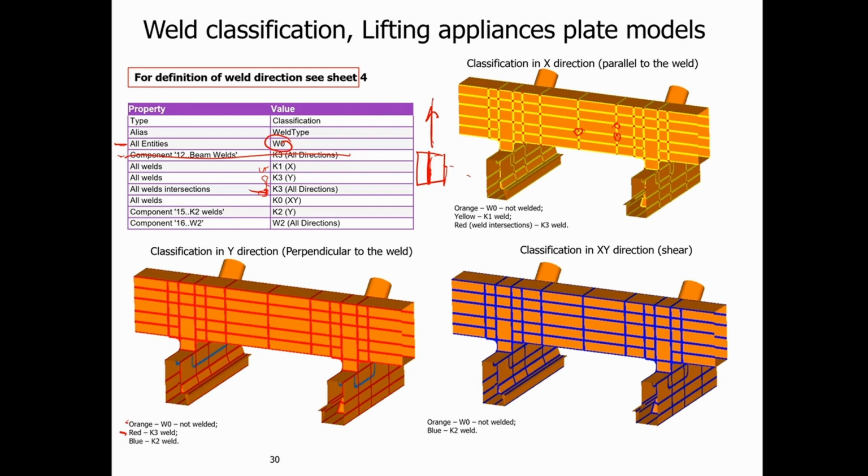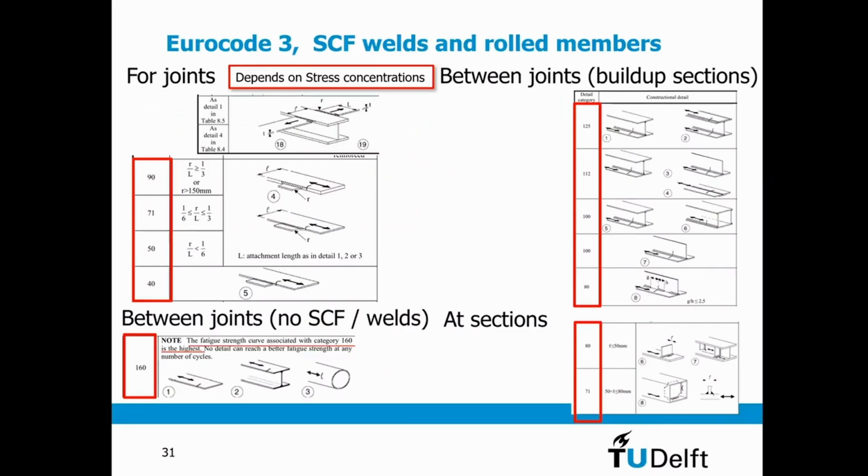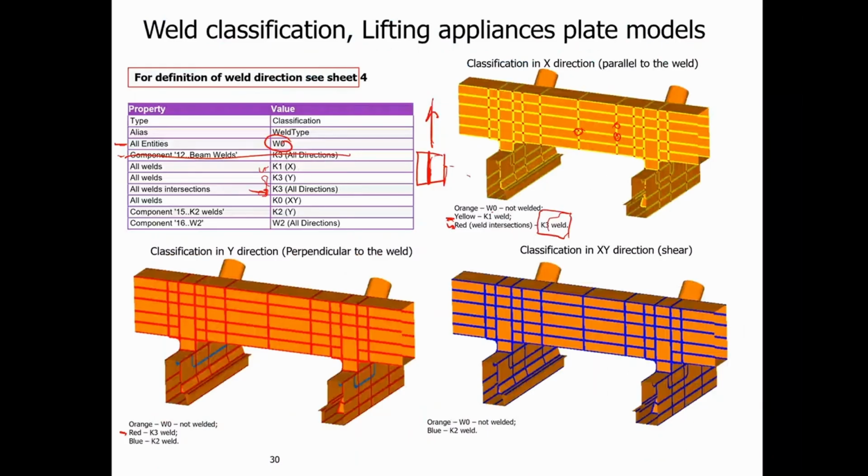For stresses along the weld, if there's no weld, it's W0. I have a pretty good class K1 for all my welds along the weld, but at the crossings, I have a K3 weld.